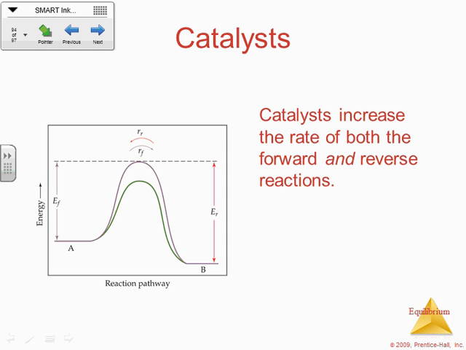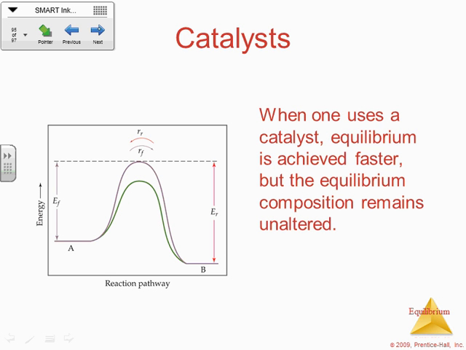They're not going to change the equilibrium constant or anything like that. They're not going to change the concentrations you end up with at the end. A catalyst just, because it makes both reactions happen faster, is going to help the reaction reach equilibrium more quickly. Does that make sense? So it's not going to change the equilibrium in any way. It's just going to get you there faster.